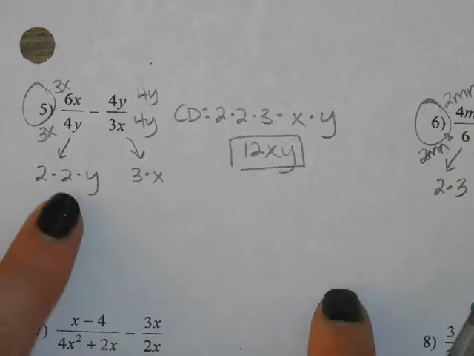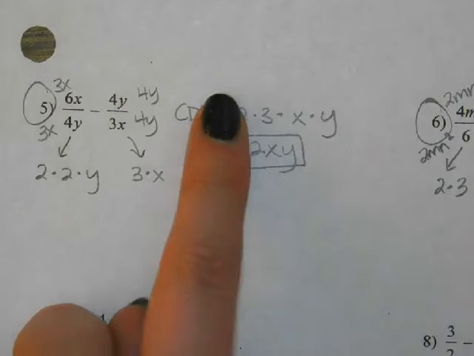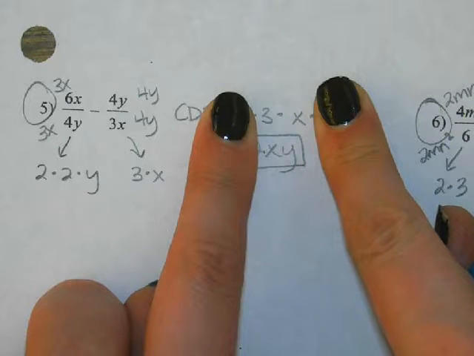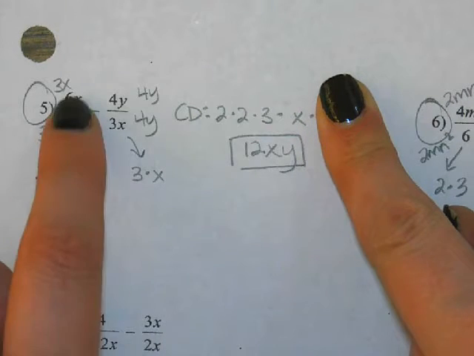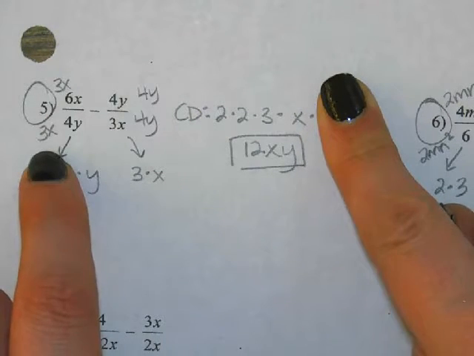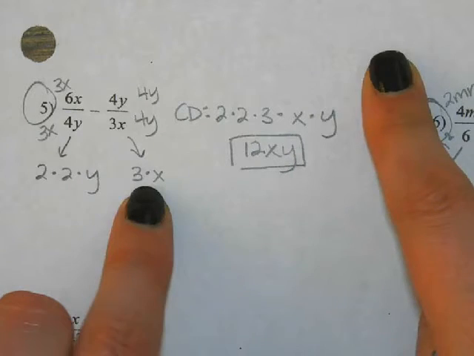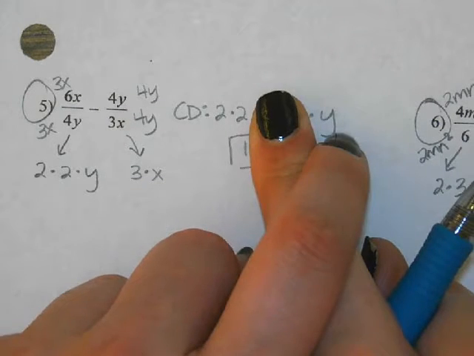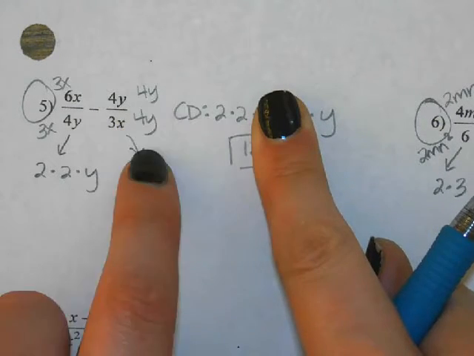And then when I was looking at this one, I said, okay, it's got a 2, and a y. So it needs a 3 and an x to be the common denominator. So that's why I was like, oh, 3x, 3x, all the way down there. And then this one had the 3 and the x. So it needed the 2, and the y. So I multiplied by 4y and 4y.